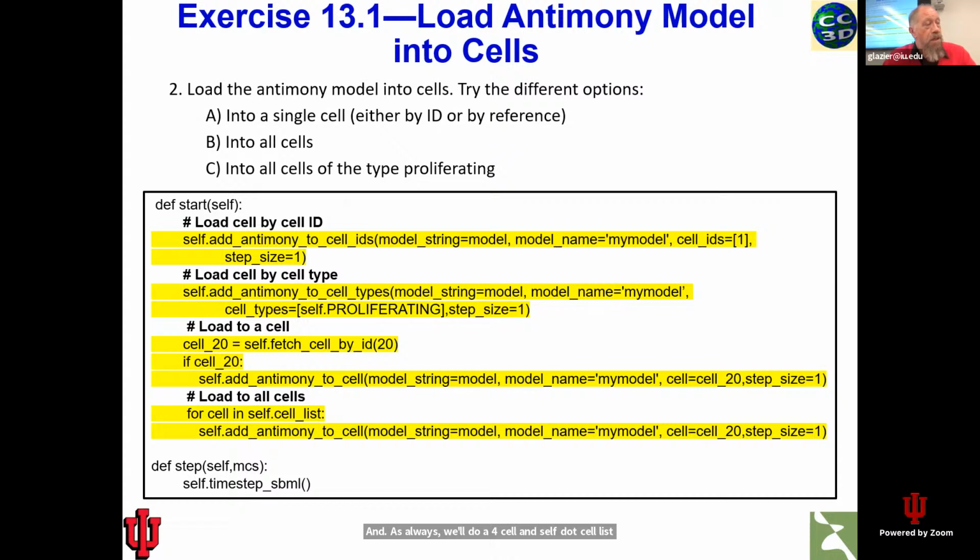And then we'll do self.add_antimony_model_to_cell, and then model_string equals whatever you called your string. Give the model a name, cell equals cell. And then we'll make the step size 1.